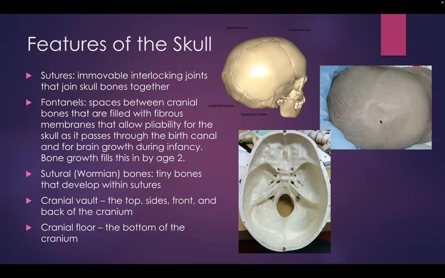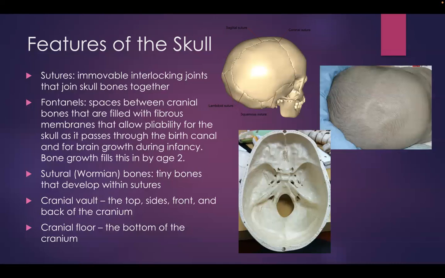Fontanelles, you'll see this on babies, especially newborns. It's very pronounced. These are spaces between cranial bones filled with fibrous membranes. This allows pliability as the baby passes through the birth canal, because it's got to squeeze through a pretty small passageway, right?